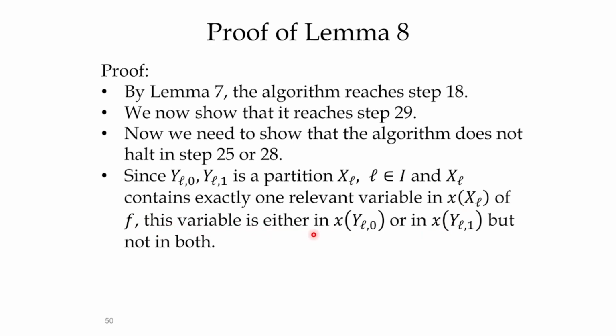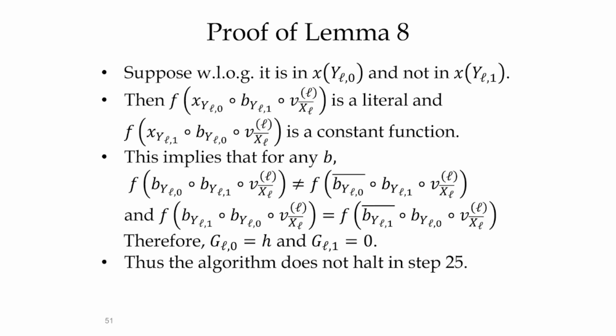This variable is either in X of capital YL0 or in X of capital YL1, but not in both. Suppose without the loss of generality, it is in X of capital YL0 and not in X of capital YL1.